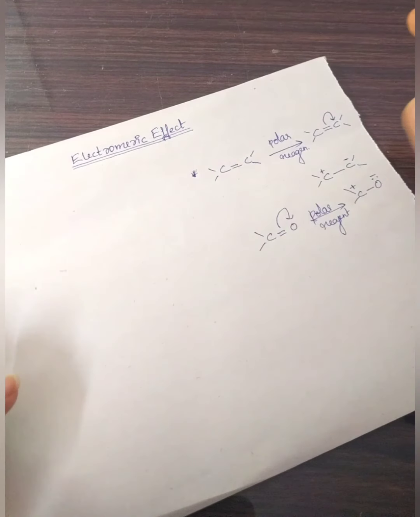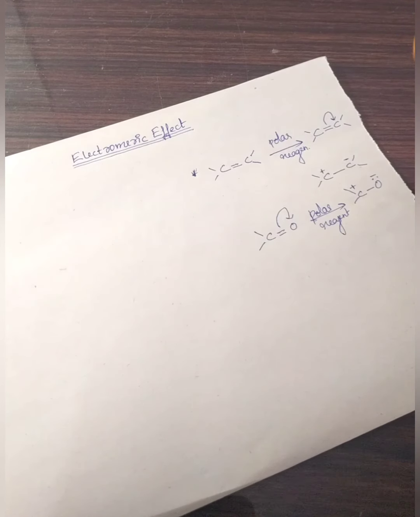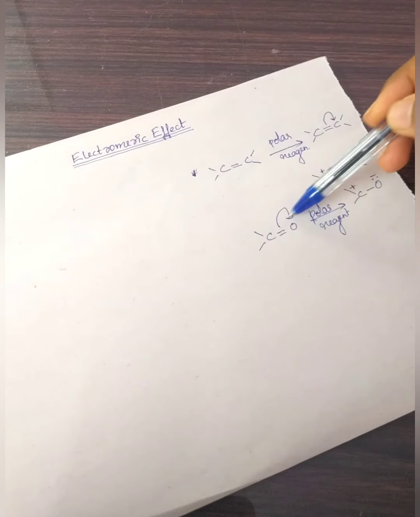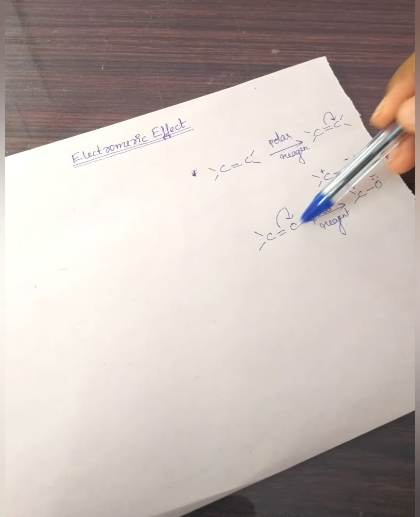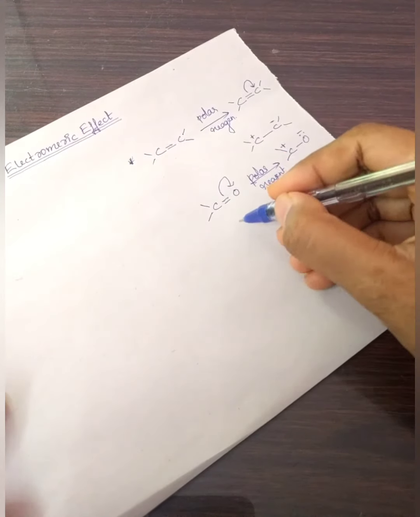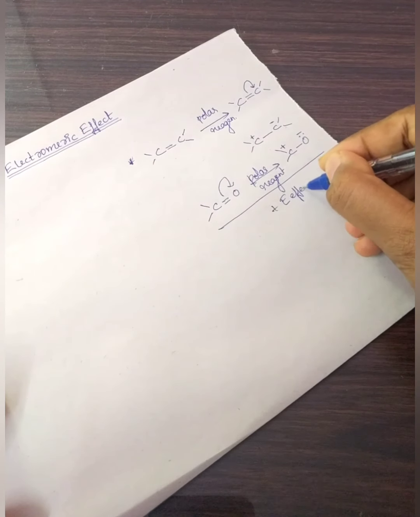Now we have to focus on the types of electromeric effect. The main characteristics of the electromeric effect can be studied, and we'll make a separate video for that. The direction of the electromeric shift is determined by the electronegativity of this oxygen atom in the case of this carbonyl group. So, moving on to the positive electromeric effect, or plus E effect.